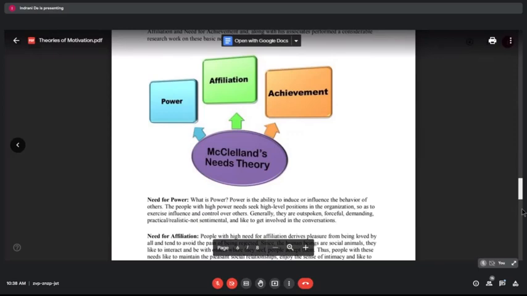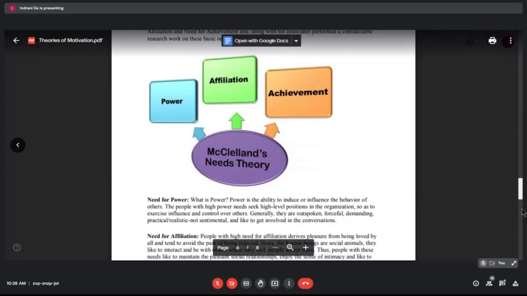What need for power means is, I will have the power. Power will come with the position you are holding in the organization. So power is related to the position. So you will always try to achieve higher level positions.